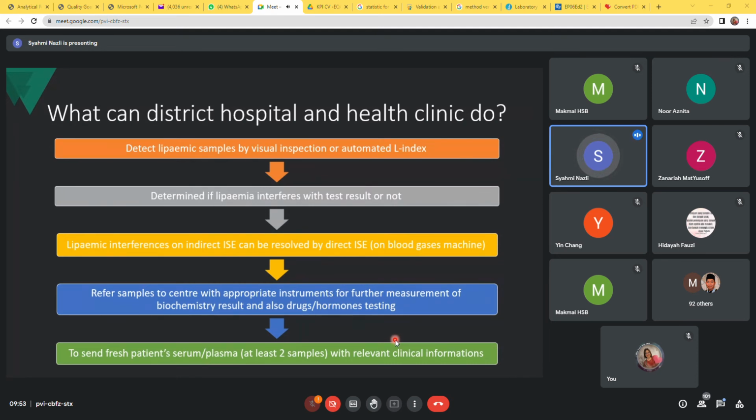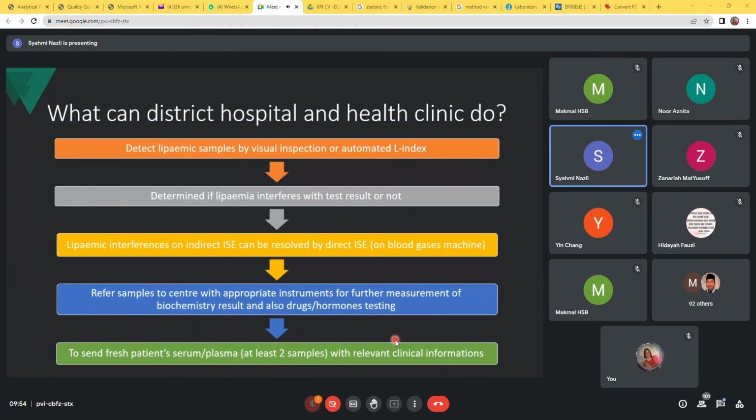First you need to detect the lipemic samples by visual inspection or automatic lipemic index. Then you need to determine if the lipemic interference will affect the test result or not. If it does not interfere at that level, you can proceed with measurement. But if it interferes with the result, you need to know how to remove the interference.